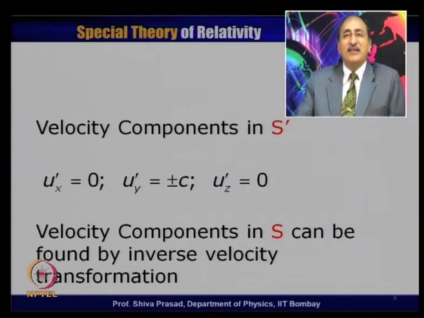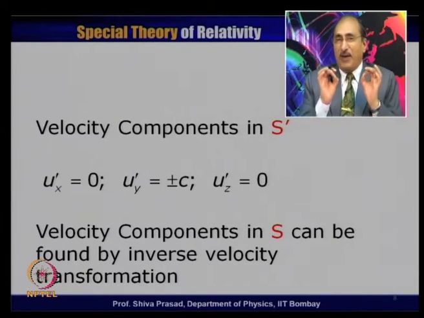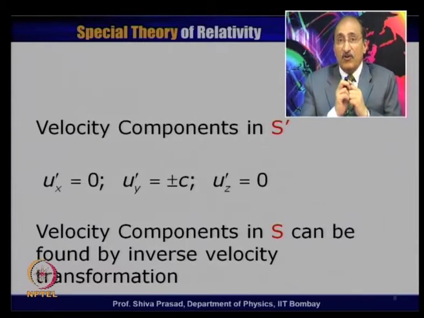Now, let us look at the velocity components, again with reference to an observer in S prime frame of reference. When the light is moving upwards, we have called that direction as the plus y direction. So, the light had only a y component upwards.